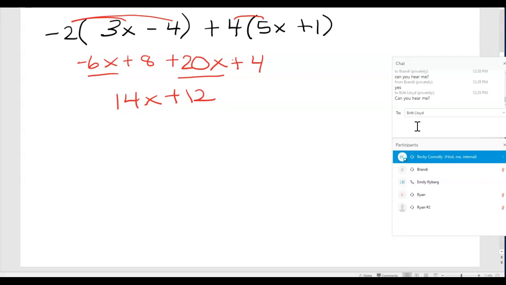So I want to do one more with the order of operations. Let's see. All right, let's try one like this.